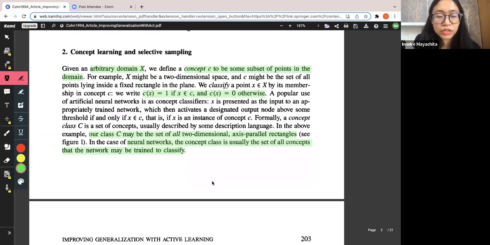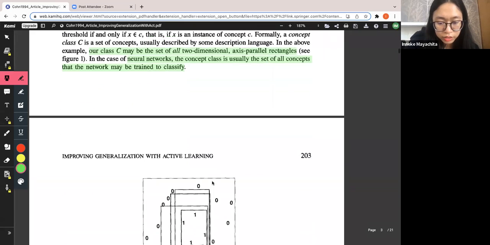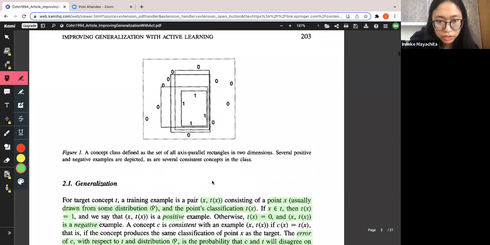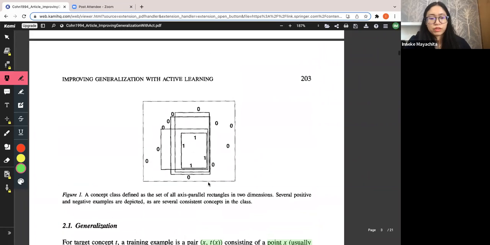In this paper, they introduced a concept called concept learning. Essentially, we can just look at the picture. Imagine this is the latent representation, and we have these boundaries that distinguish the examples.